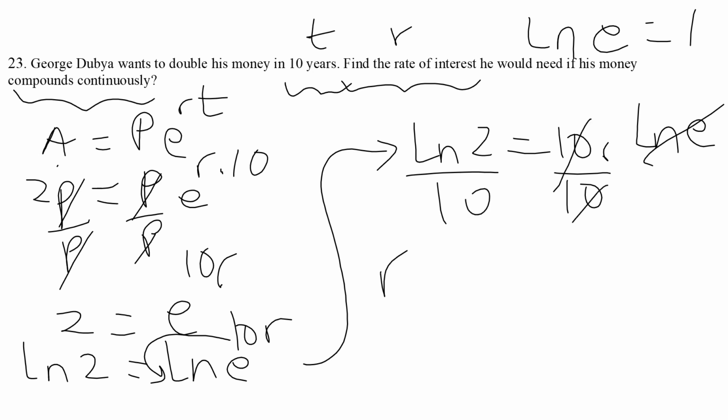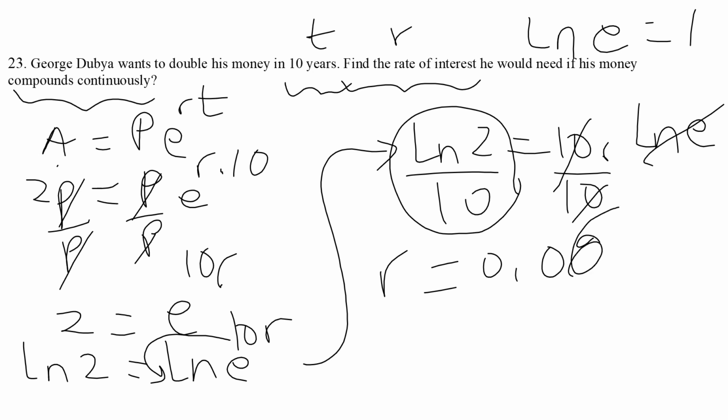That means r is this number, which you're going to have to do on your calculator. I think it gave me 0.0693, and as a percent, it's going to be 6.93%.